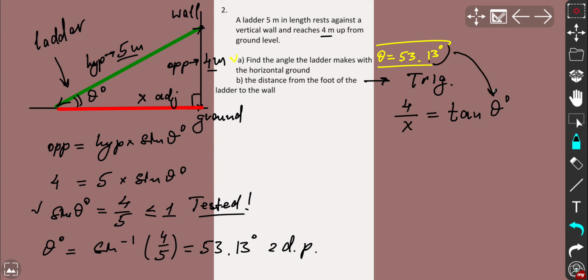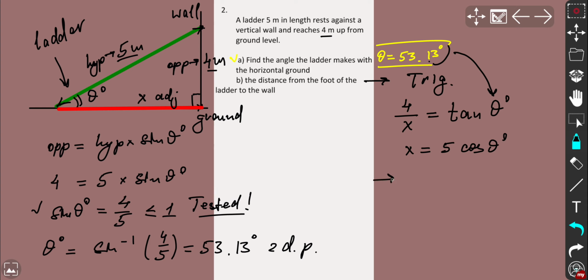Plug the value in, from where you can figure out x. If you want to connect through the hypotenuse, you can use cos, so x is going to be the hypotenuse, 5, times cos theta, and again you can calculate that. If you want to connect through the opposite side, you would use sine, but in this case no, because you're looking for x.